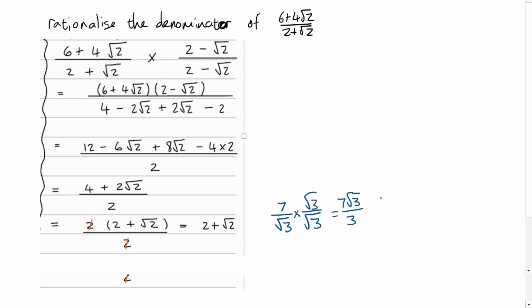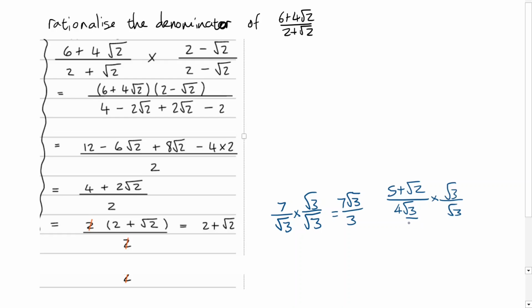The second easiest type of example could be something like this. If you had that, what would I do to rationalize the denominator? In this case, you can times it by 4 root 3, but it's easiest to just times it by the surd number.